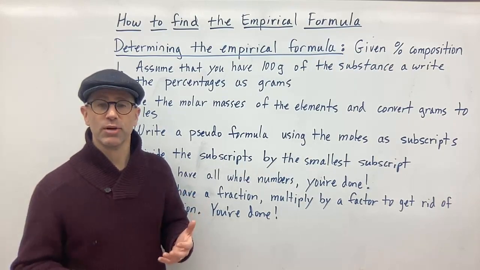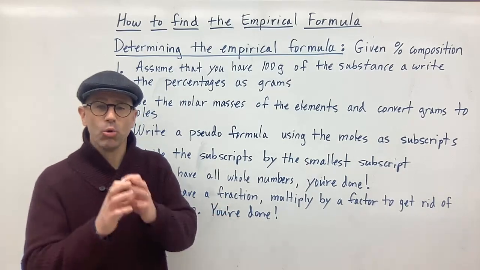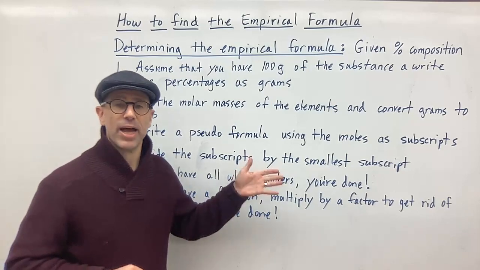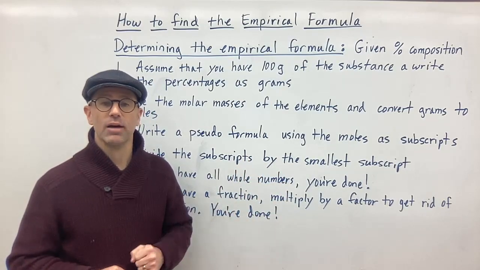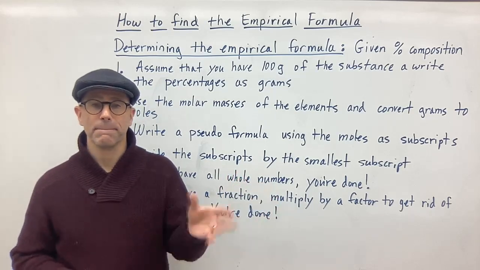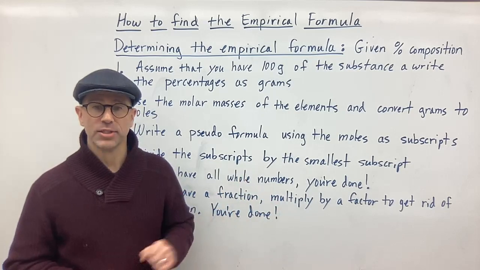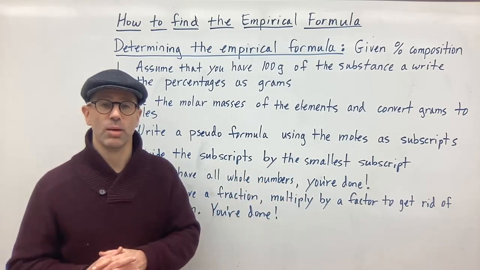How do you get rid of 1/2? You multiply by 2. But you're not going to multiply only that one by 2. You're going to multiply all of the subscripts by 2 to get rid of that particular fraction. And so then you'll have all your subscripts in whole numbers.